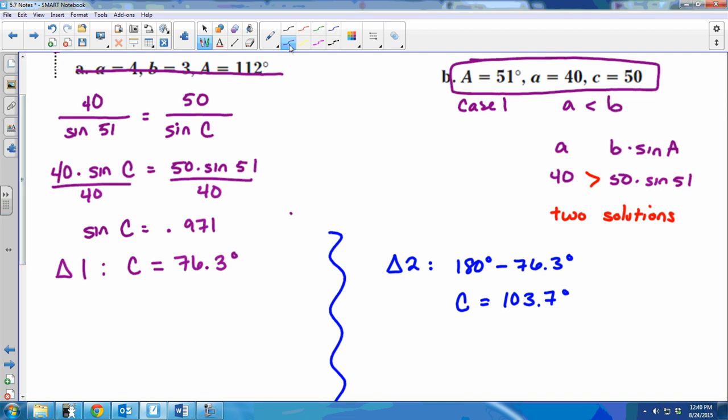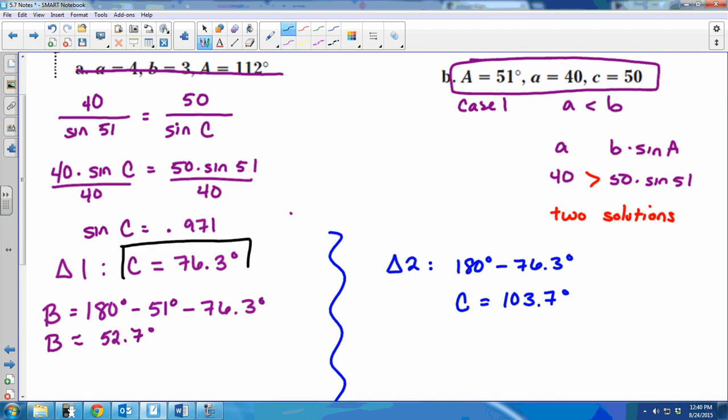So angle B for triangle 1, there's 180 degrees in the triangle. Angle A was 51 degrees, and angle C was 76.3 degrees. That's 52.7 degrees. And so for triangle 1, all we're missing is side B, right?